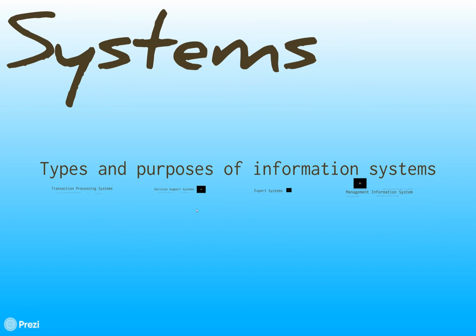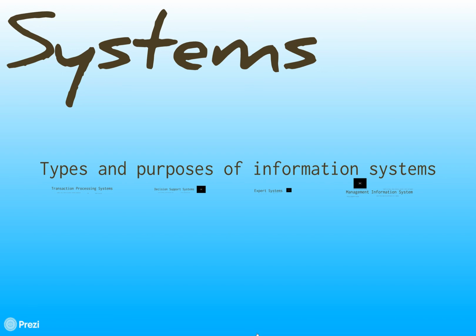So they'll say, this one collects, stores, modifies, and retrieves daily transactions. Well, that would be a transaction processing system. Or they'll say, one has expert information in it, and you have to make a decision about that, and that becomes what's known as an expert system. But if we look at all of them, we need to know all 5 of them.